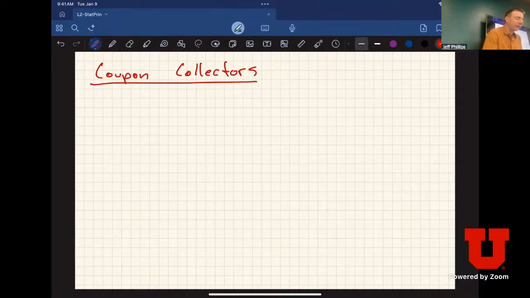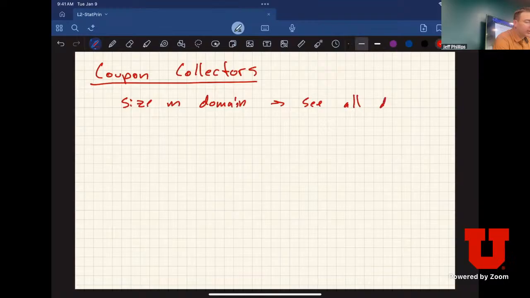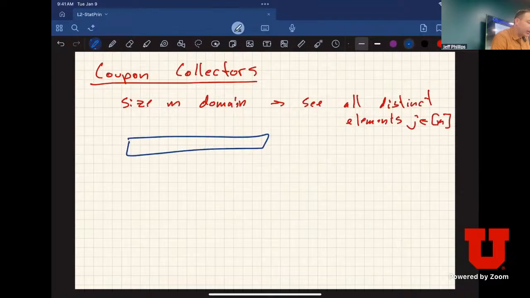It's if I have a domain of size M, and I want to draw elements uniformly at random from this domain, and I want to see all distinct elements J in M.